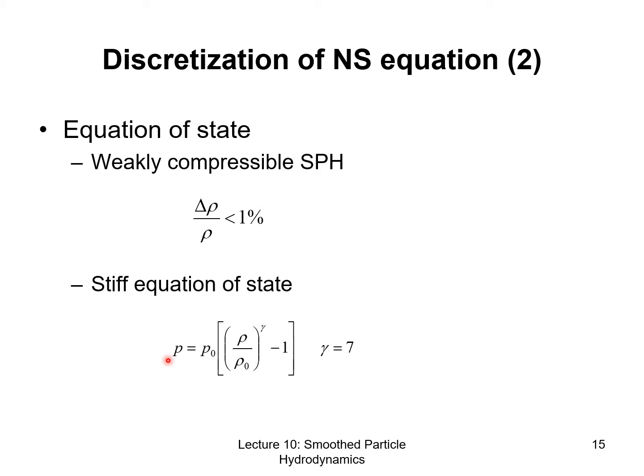By introducing a somewhat stiff equation of state, we can control the density variation inside the flow to around 1%. So the density of the fluid will not change much, and the flow we obtain is weakly compressible. The physics is very similar to incompressible flow, and we use this simple approach to approximate incompressibility.